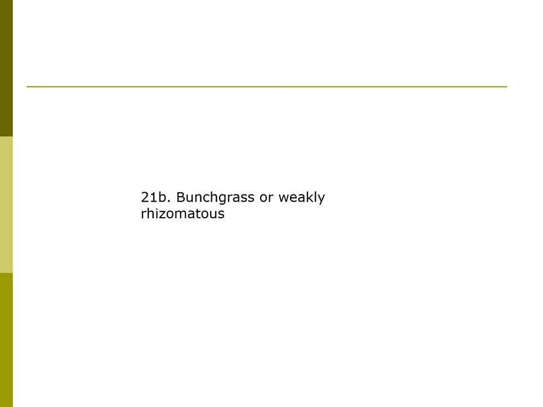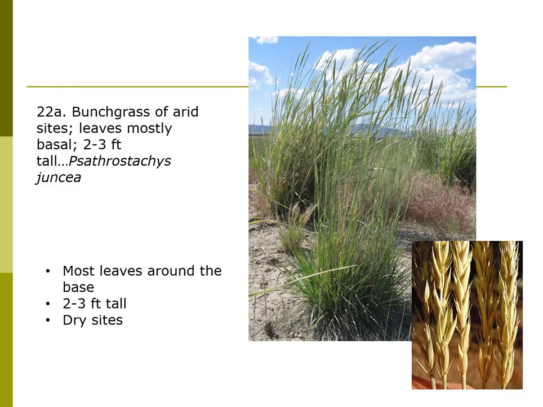Yeah. So if you're in the wildrye group, but you've got a bunchgrass, then we've got a couple to look at. The first one is a bunchgrass of extremely arid sites, leaves being mostly down at the base. You don't see many leaves breaking off of those stems above the base, 2 to 3 feet tall. This is Russian wildrye, Psathyrostachys juncea, and it would have those same glumes and lemmas that we've seen in the previous pictures.